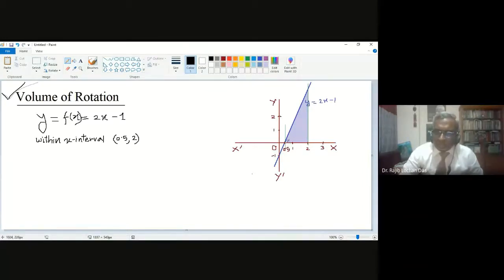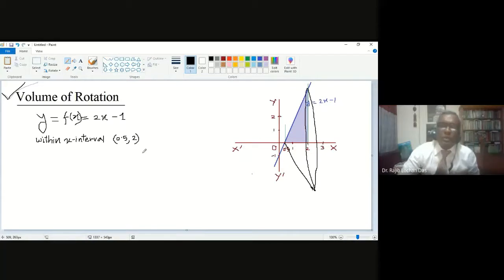This whole thing will be like this. Let me just draw it by hand. So it will be a 3D figure like this, a three-dimensional figure.